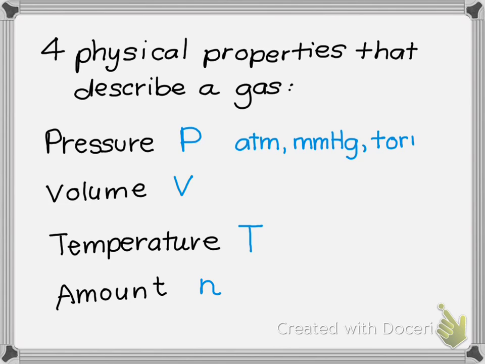Now, you may encounter other units, like you may encounter pascals, or you may notice on your car, the tire pressure on your car is in pounds per square inch, or psi. But for us, atmospheres, millimeters of mercury, and torr are usually the ones that our pressures are measured in. And volume will be in a metric unit. It's usually going to be in milliliters or liters.